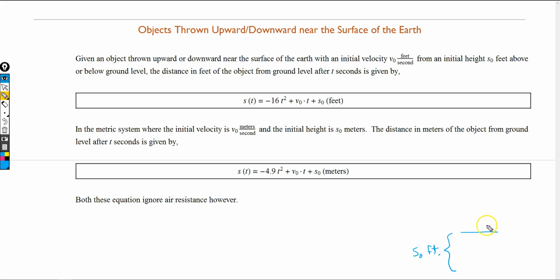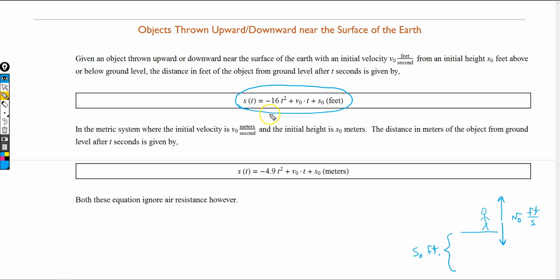So you're standing here and you throw an object either straight up or straight down with an initial velocity of v0 feet per second. Then the position function for that object is going to be given by this equation right here. Negative 16t squared plus v0 t plus s0. And this will have units of feet.